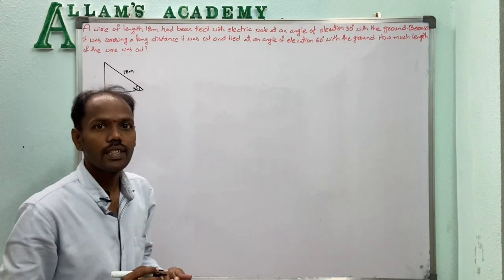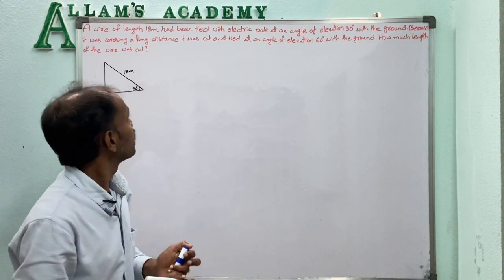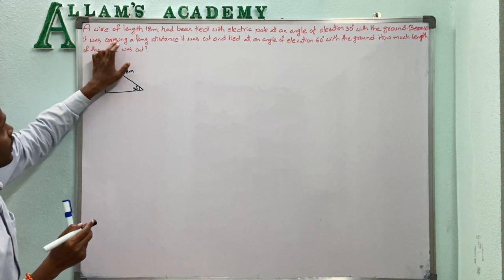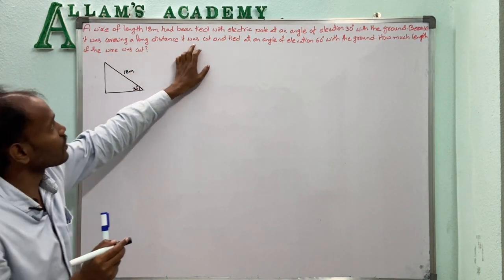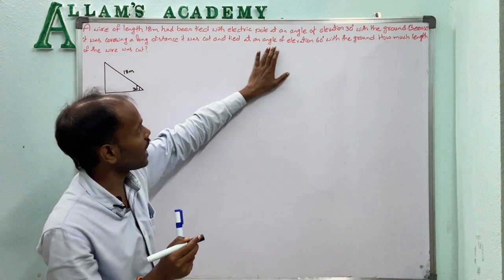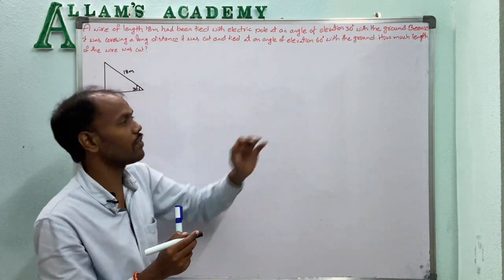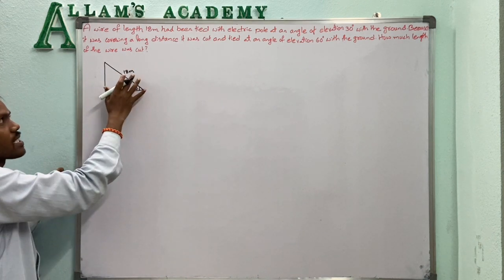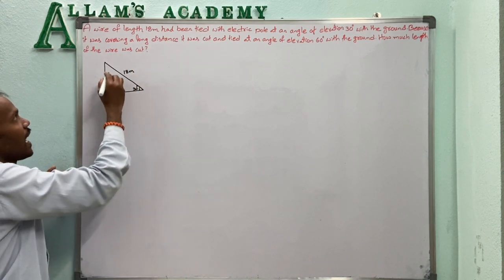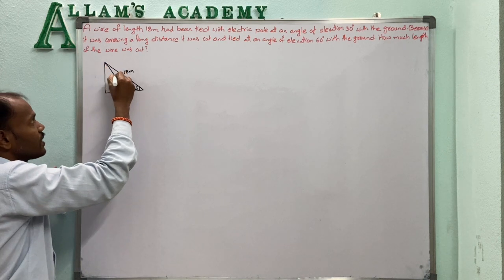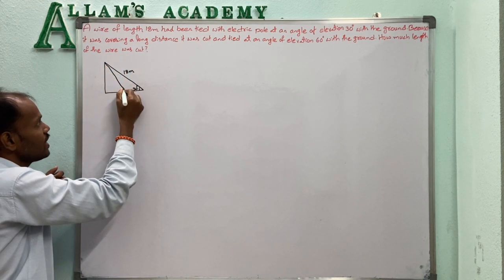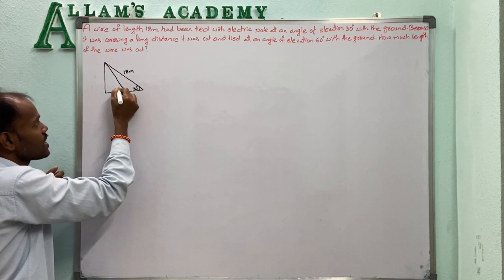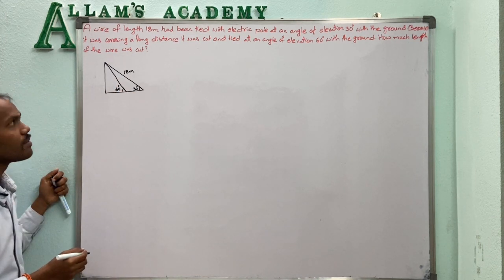Next, because the wire was covering a long distance, it was cut and tied at an angle of 60 degrees elevation. So the wire is 18 meters long, some length was cut, and now it will be tied with an angle of elevation of 60 degrees.